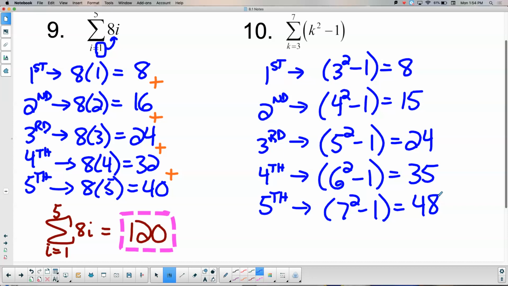It says go to 7. Did I go to 7? Yes, I went to 7. Okay? It says stop when you've plugged in 7. I plugged in 7. Okay? So then I would just have to find the sum of those. 130.